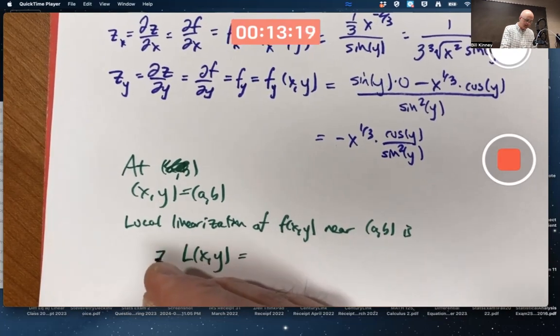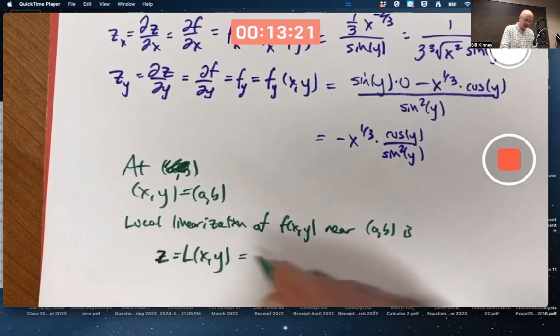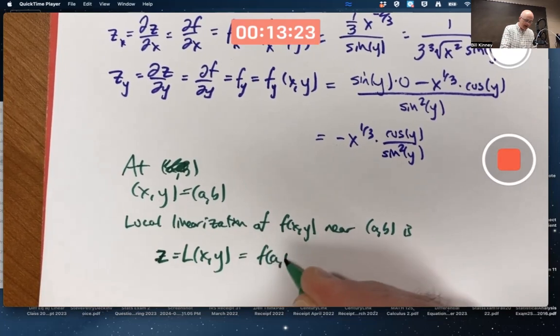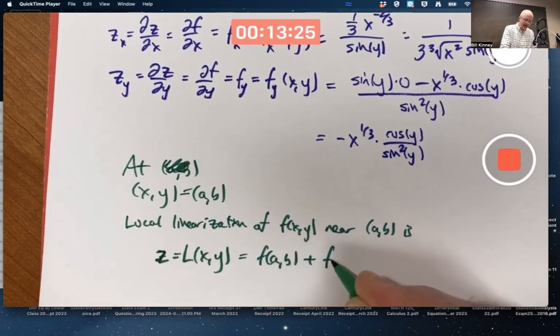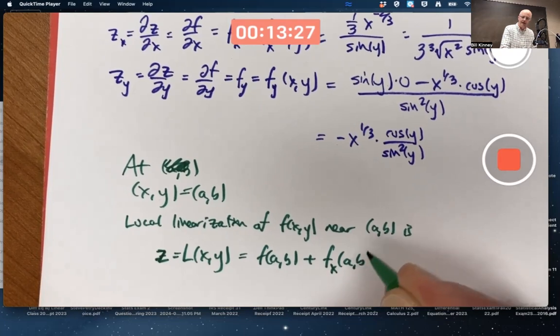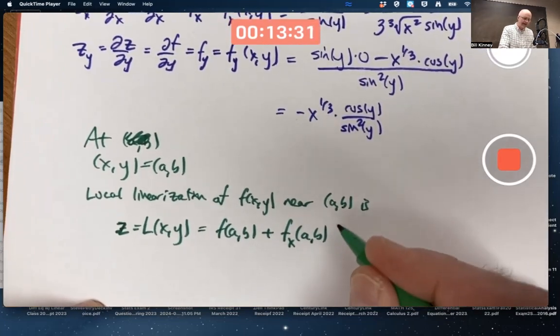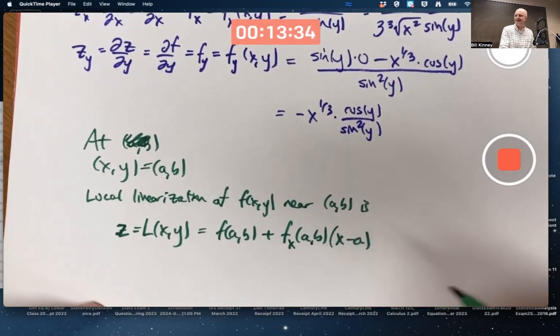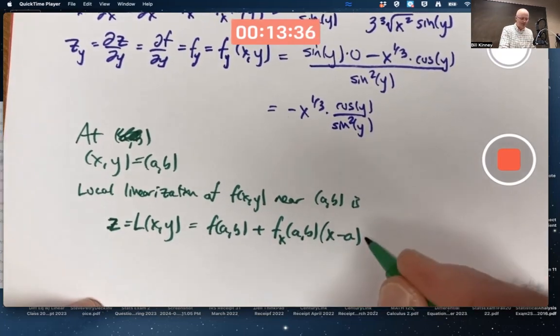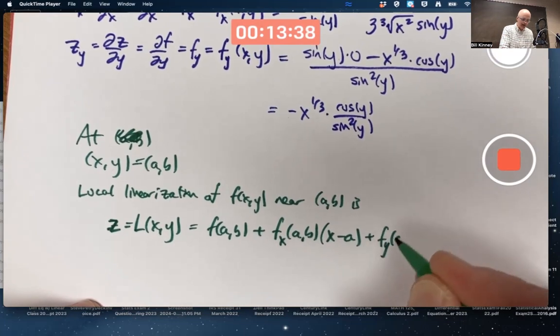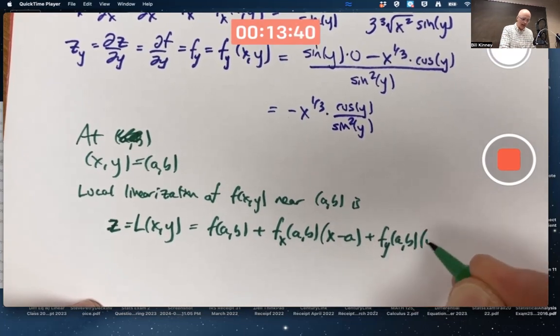You write it as z equals L of x, y: f of AB plus f sub x of AB, partial with respect to x evaluated at AB, times x minus a, plus the partial of f with respect to y evaluated at AB, times y minus b.